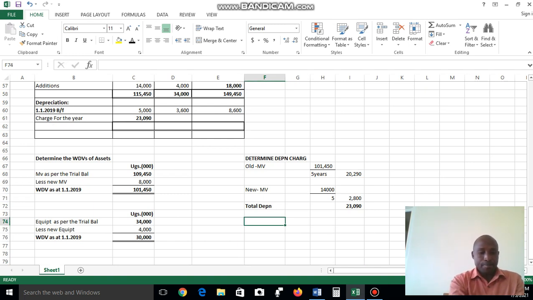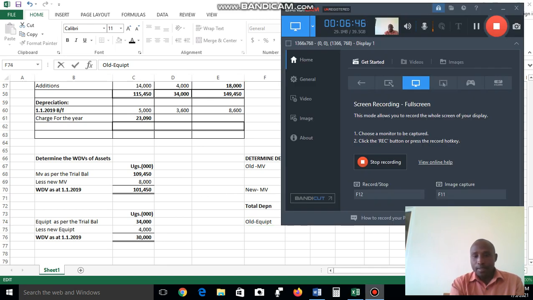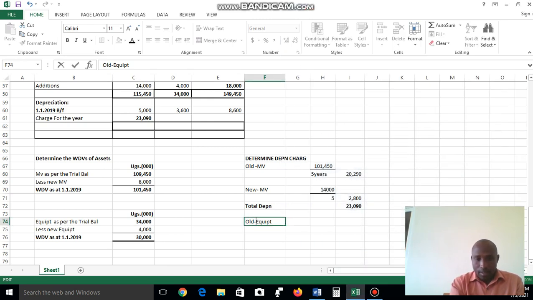We have equipment, the old equipment. With the old equipment, it was worth 30.